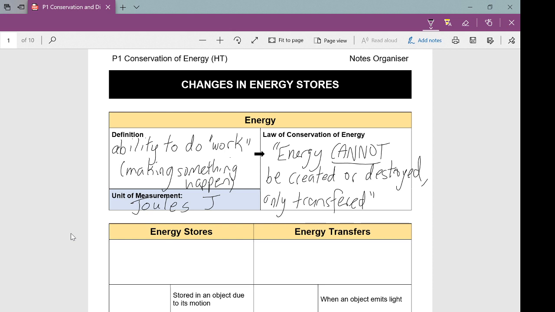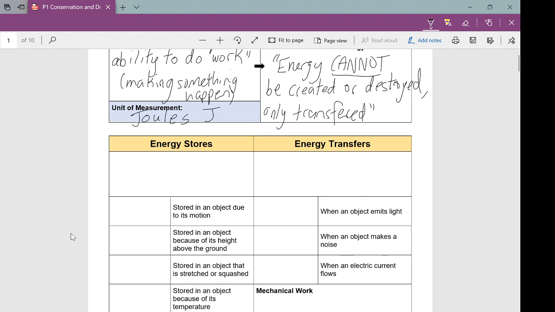When you drop something from a height, it might have lost energy in its gravitational energy, but it started gaining speed. So we have the idea that even though sometimes things look like energy came out of nowhere or just disappeared, you always have to keep in mind that it did actually go somewhere.